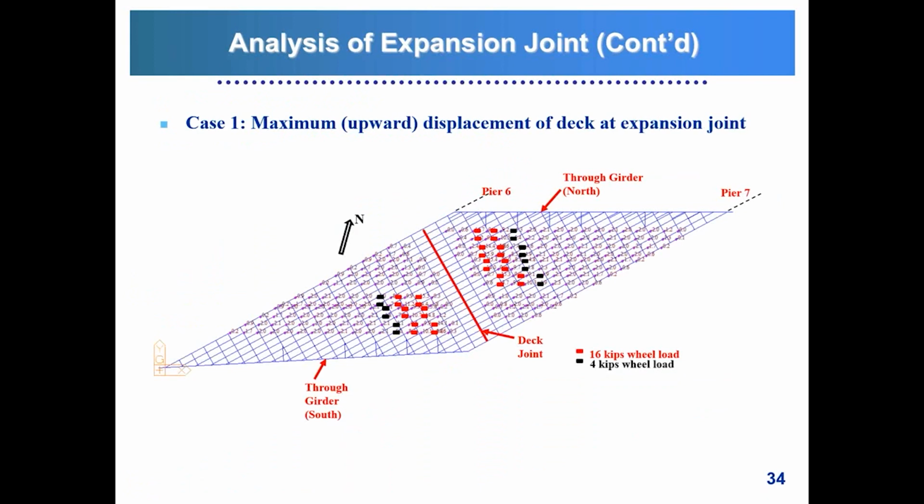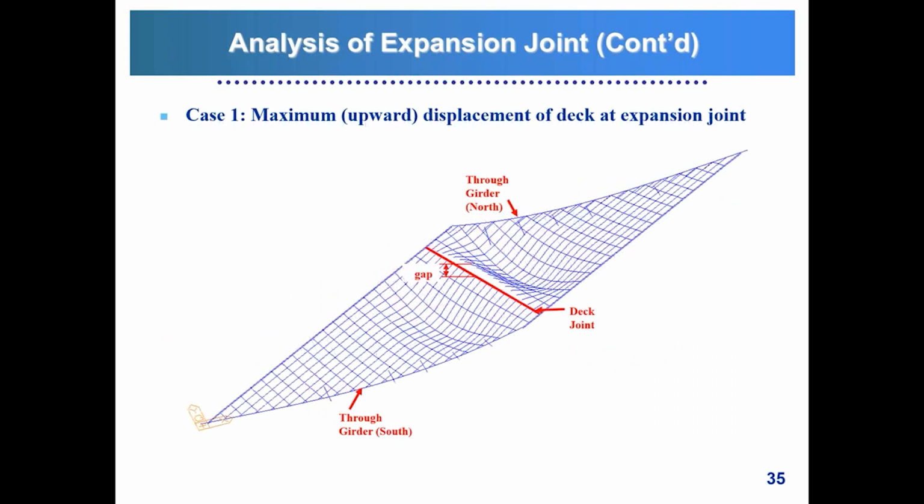So for the first case, we have over here the load configuration that's causing your maximum upward displacement at this node. So what's happening here is we have our truck loads concentrated in these two areas. So naturally, this will cause these two parts to move downward.